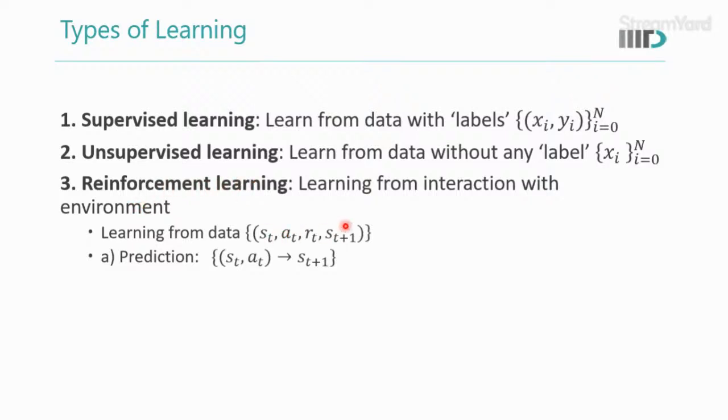For example, this data we can collect a priori, and then we can use this data set as a learning strategy. That means our algorithm can be trained on this particular data. So we are leveraging the existing data, but when the data set is not available, we are doing the interaction and collecting this data.